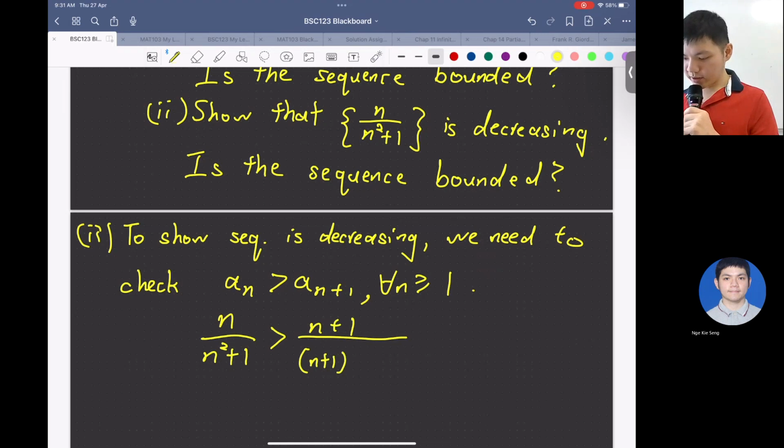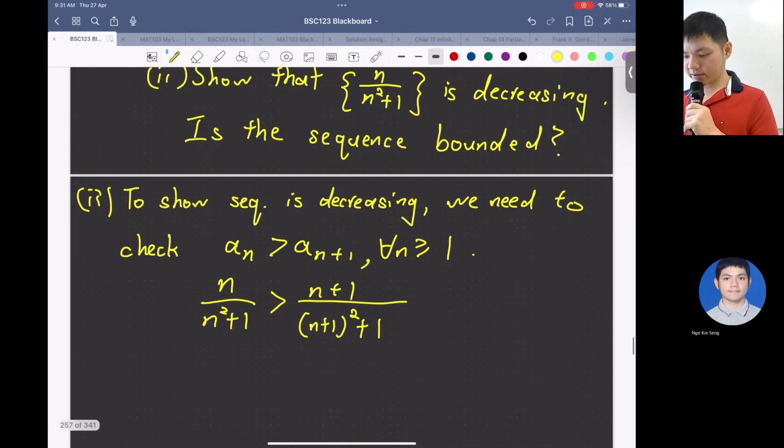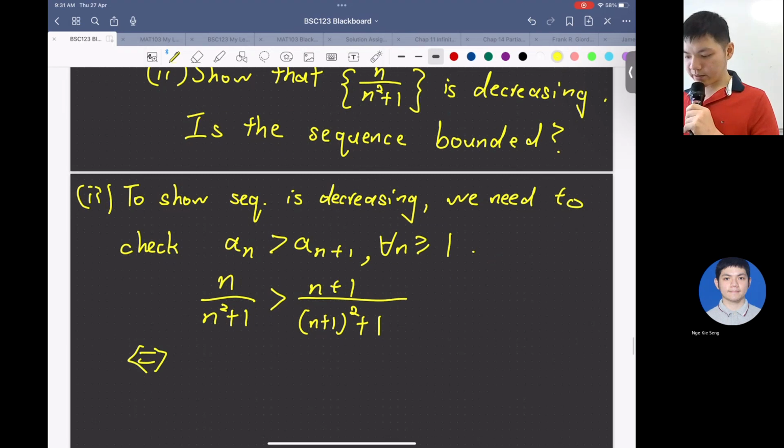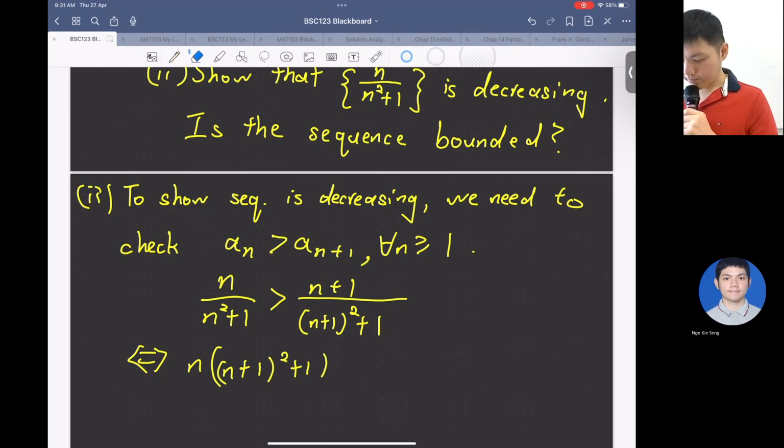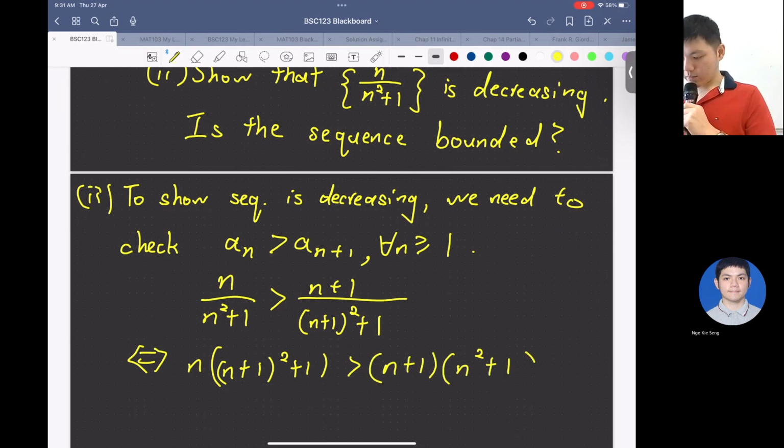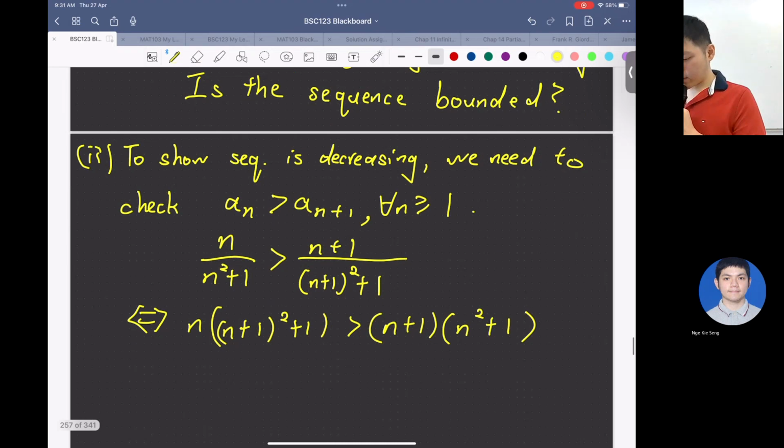So how to determine whether this is true or not? Okay, so similarly, you can multiply across the denominator. Do we want to multiply up?